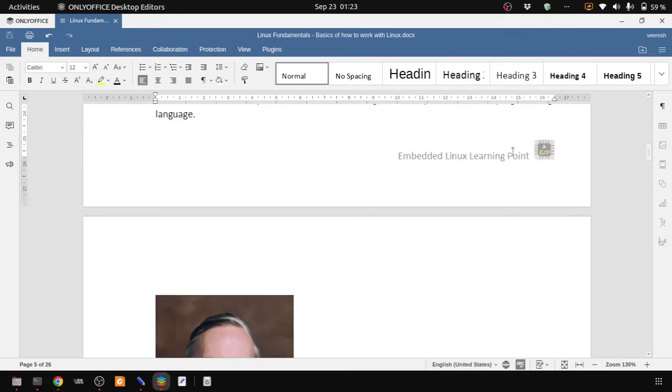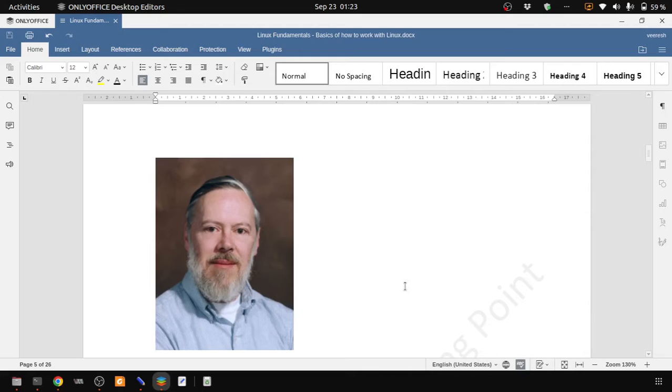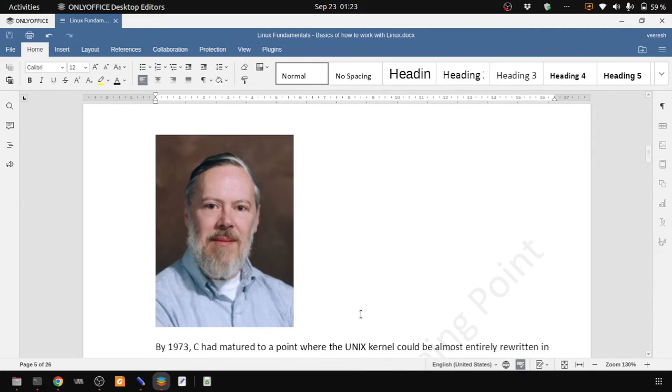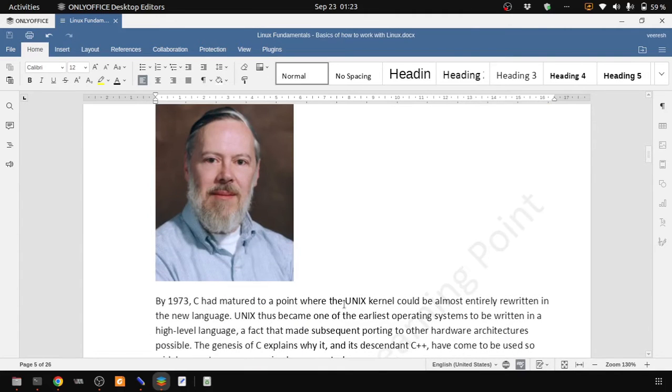C was developed by Dennis Ritchie, and it is said that most of the internet runs on C, because Python is implemented in C. C++ is basically an enhanced version of C. Under the hood, even Java, the Java runtime environment, I think is implemented in C, at least the earlier versions.